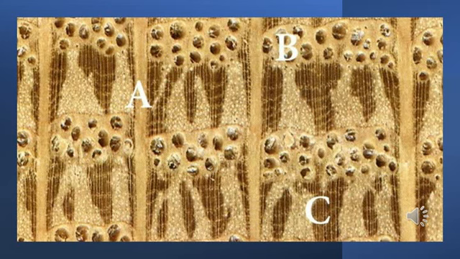B is the large pores, and that's the early wood, and they're generated because of fast growth. Then C is the late wood pores. They're smaller because they're growing in a more difficult time of year.